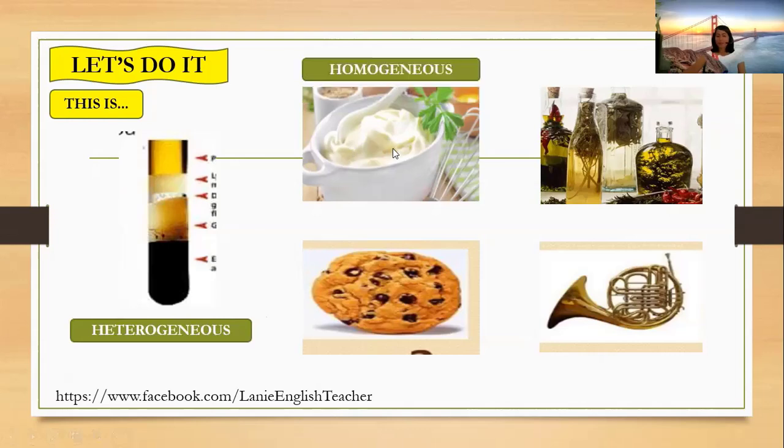This one is homogeneous. As you can see, you can only see one phase here, while this one is heterogeneous. So you can see dark things and you can easily remove them from this one.